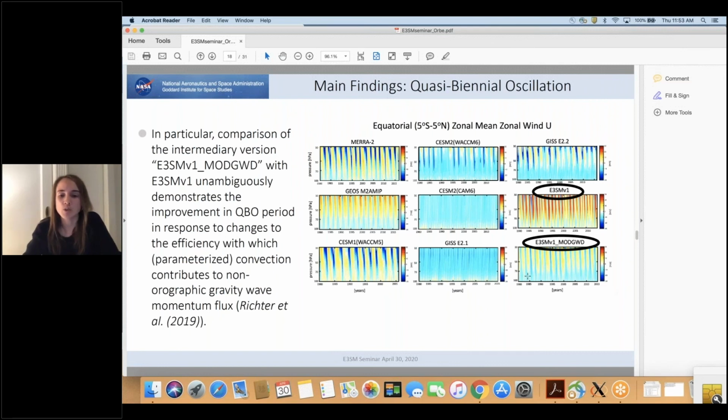So this efficiency lever is the approach that we use, which is very similar to that taken with E3SM.